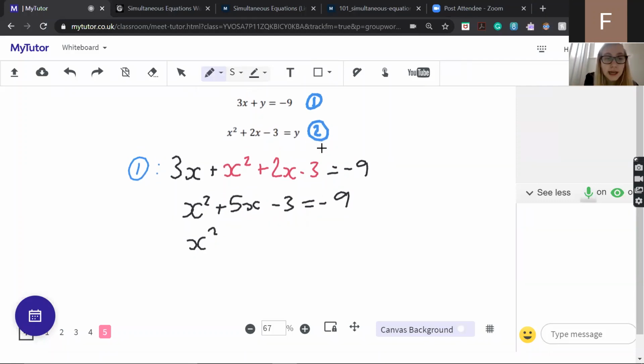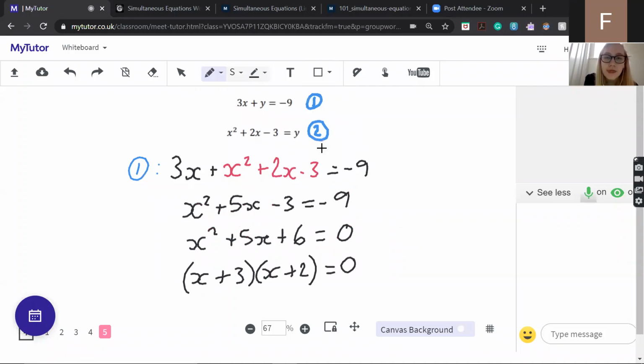So x squared plus 5x plus 6 equals 0. And then we're going to factorise. Again, go and have a look back at the previous lesson if you don't remember this. So this is going to be x plus 3, x plus 2 equals 0. And that's because 3 and 2 multiply to make 6 and add to make 5.